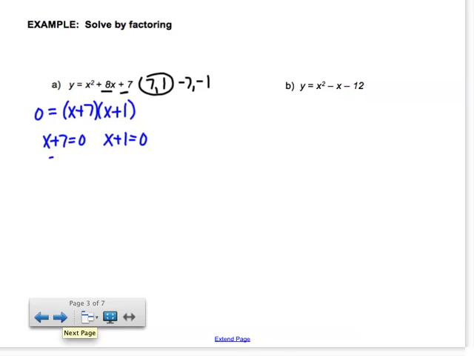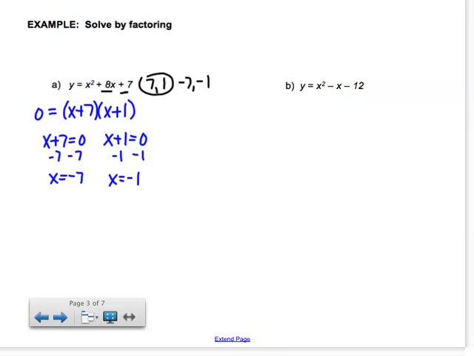I solve each of these, and I get x equals negative 7, and x equals negative 1. If you were to put this in your calculator and look at the graph, you would find solutions at x equals negative 7 and x equals negative 1.